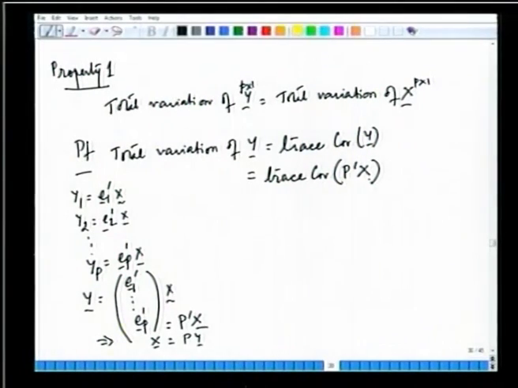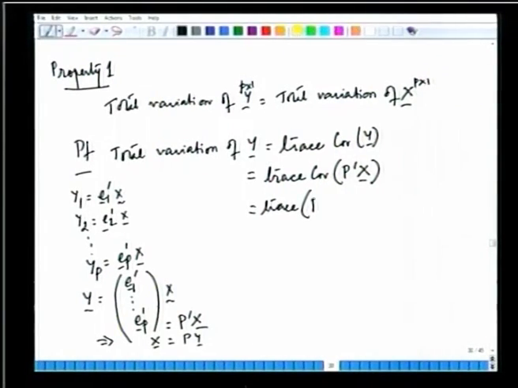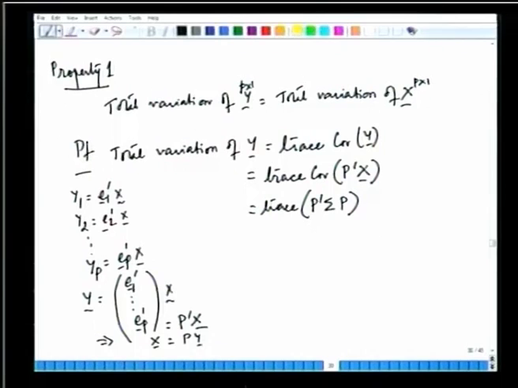Why do I do this? Because I know the variance covariance matrix of x, and the trace of the covariance of this matrix is the trace of P transpose sigma P, because I have taken sigma to be the variance covariance matrix of the random variables x.